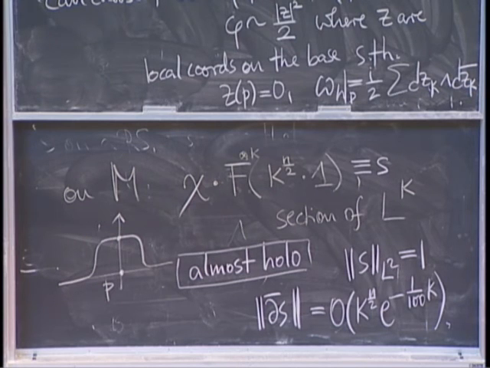And now you sort of have to finish off with an analytic argument that tells you that if you have an almost holomorphic section, you can actually perturb it to become genuinely holomorphic. And this is where you use the positive curvature once again.